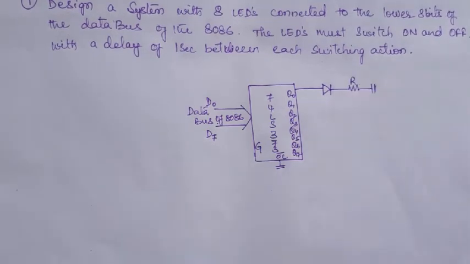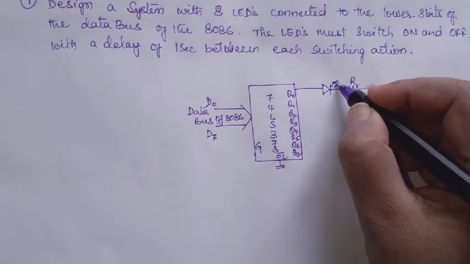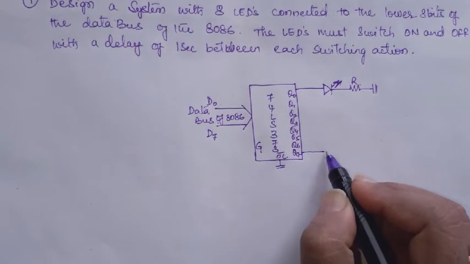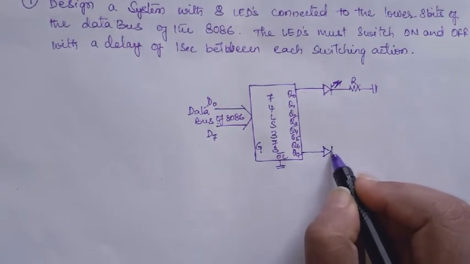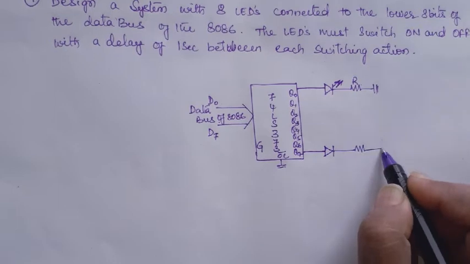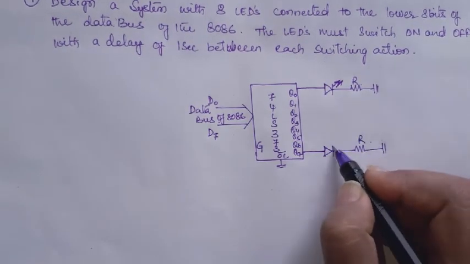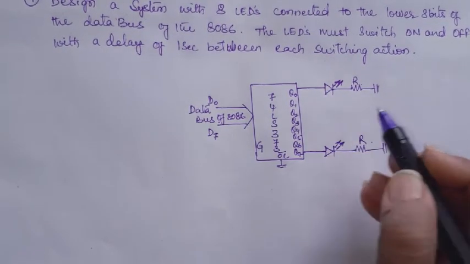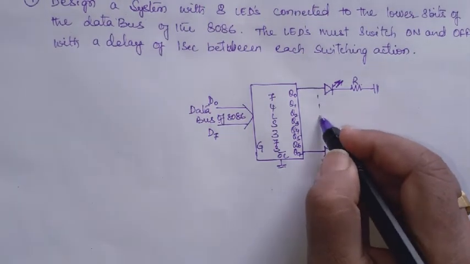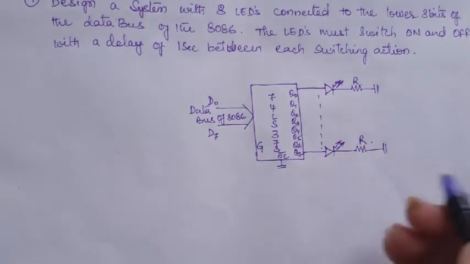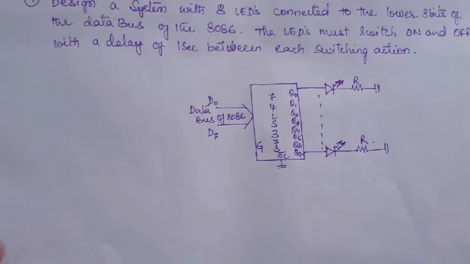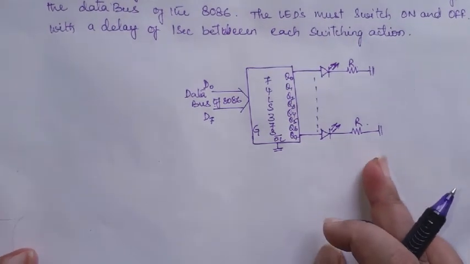These are current limiting resistors. So 8 LEDs are connected at the output in this manner, from Q0 to Q7, 8 lines. So this is an 8-bit output.